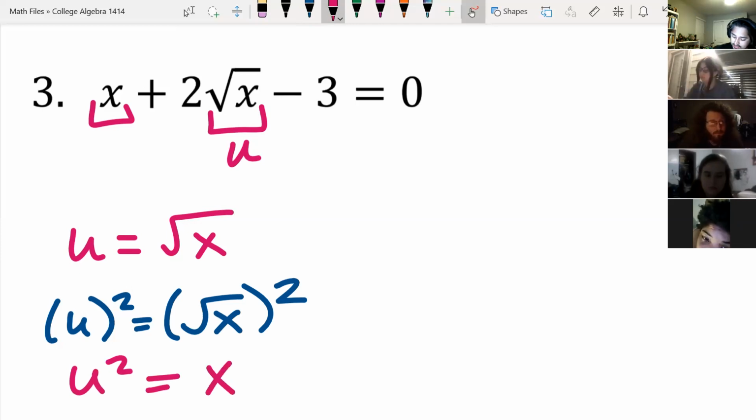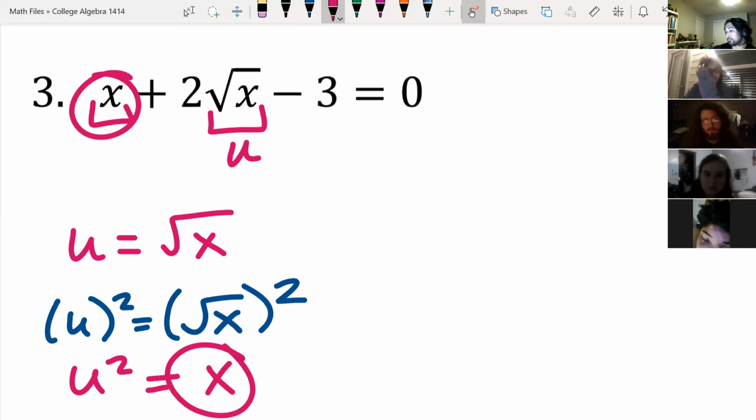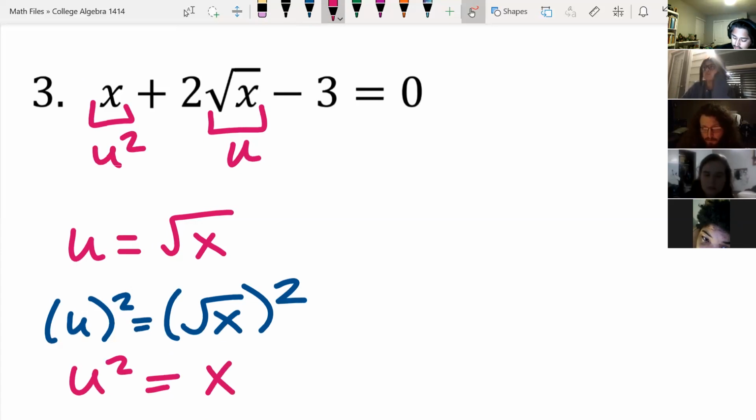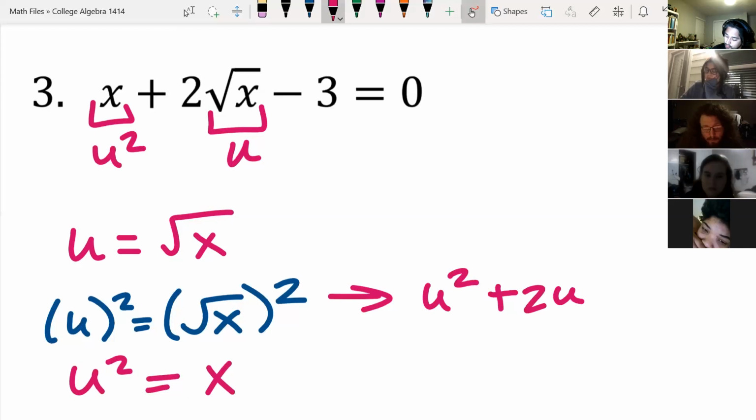Just x, which covers my leading term. So that becomes u squared plus 2u minus 3 equal to 0.